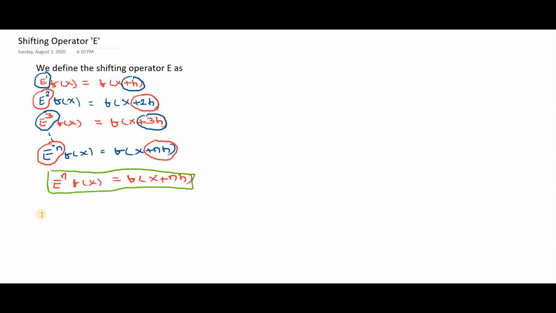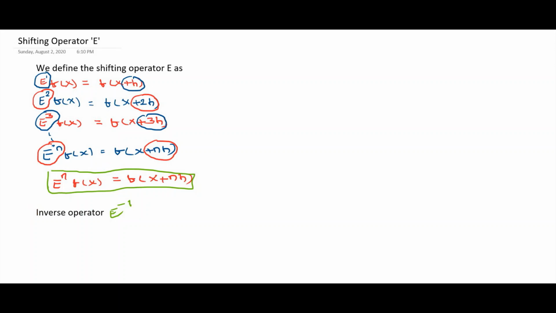Similarly, now we can see the inverse operator, and we can write it as E raised to minus 1.